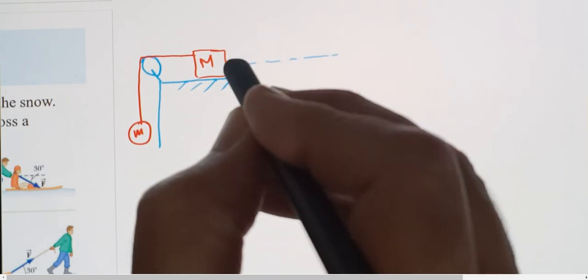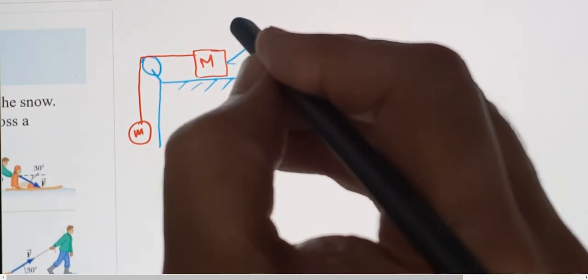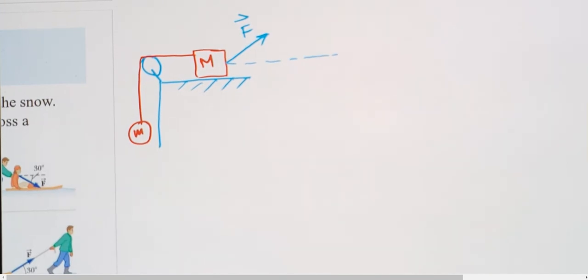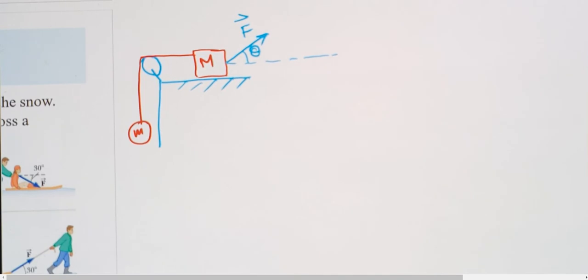And that force is with an angle. And this is theta.